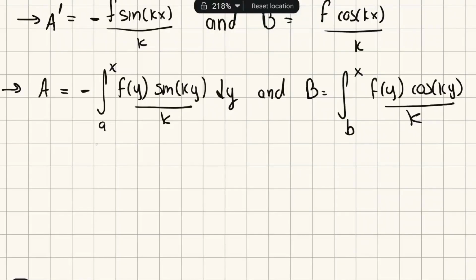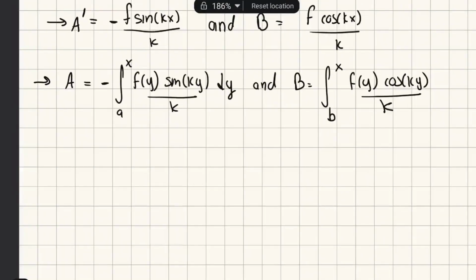Like I said, these values correspond to the element of the integral that is a constant, right? So with this, we can now construct the solution u of x that we proposed.